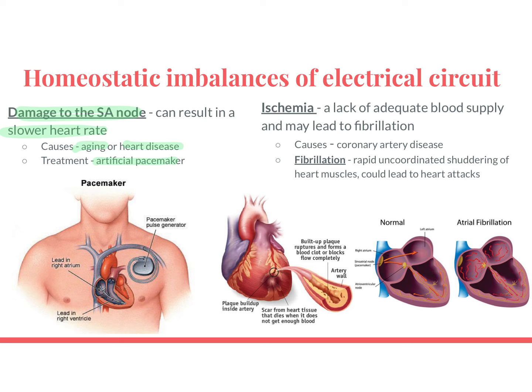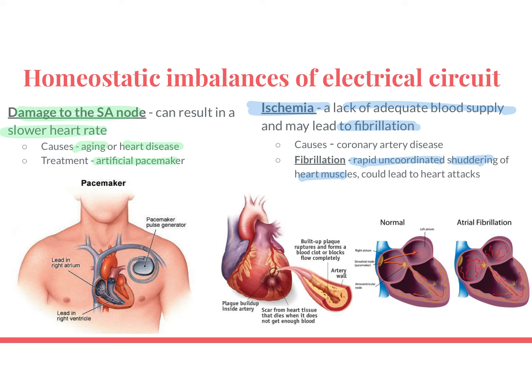Another homeostatic imbalance would be something called ischemia, and that is just a lack of blood supply to the heart. This could lead to something called fibrillation. Fibrillation is kind of like the shuddering of the heart muscle. So it's a very uncoordinated, rapid beating of the heart.